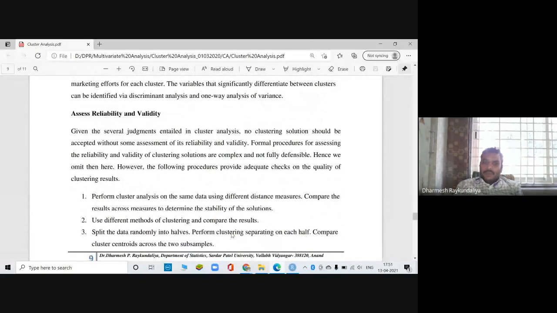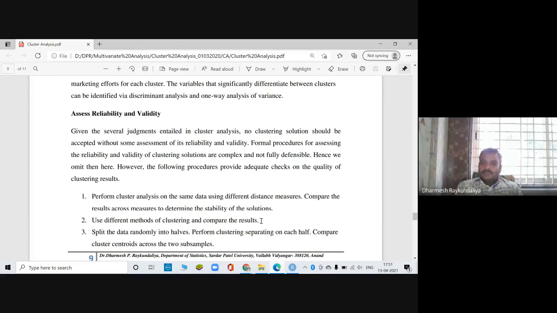Now, to identify whether the clustering is appropriate or not, you have to perform the cluster analysis using different distance measures. Once you perform the cluster analysis using, let us say, Euclidean distance, then the second time you perform it with city block distance, Chebyshev distance, and then find out whether the cluster solutions are nearer or different.